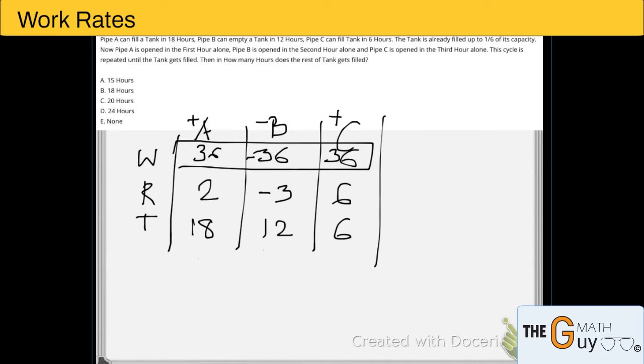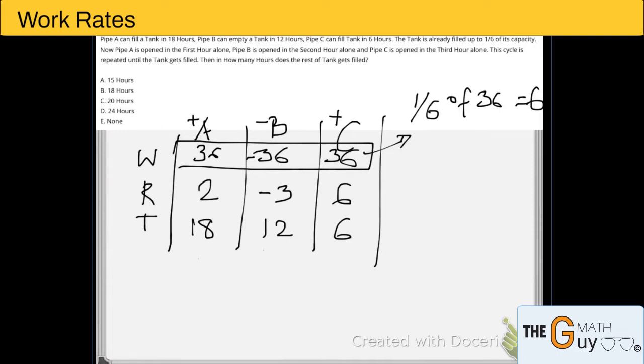And pipe A is 2. Good. Now the tank is already filled up to 1/6 of its capacity. If 36 is the capacity, then 1/6 of 36 is 6.